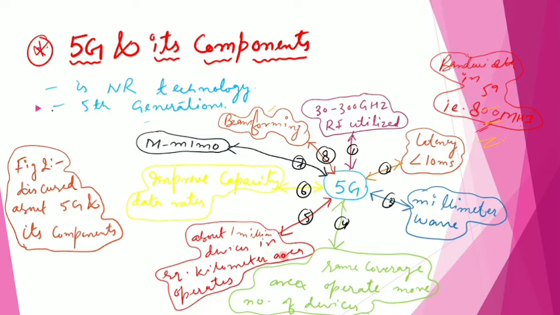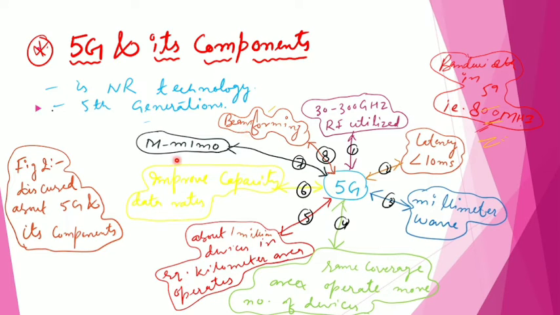So this is a very big difference and a very big achievement in 5G. It operates more users than 4G with the gigahertz band. So next one is, it improves the capacity and data rates due to massive MIMO and beamforming.